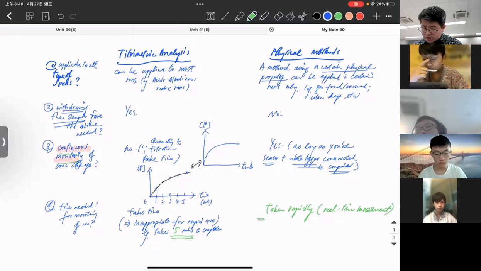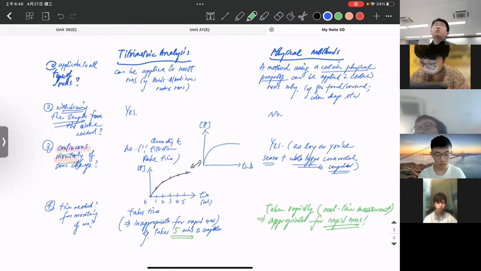So it is appropriate for rapid reactions. The reactions evolving quite fast to complete. For example, ribbon reacting with dilute acid. All those will be finished within 2 minutes. Okay, it's said to be fast enough, right?